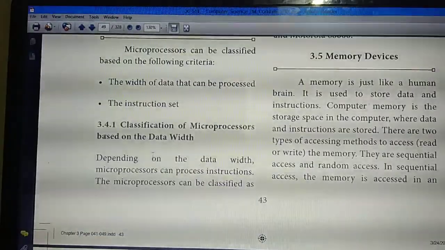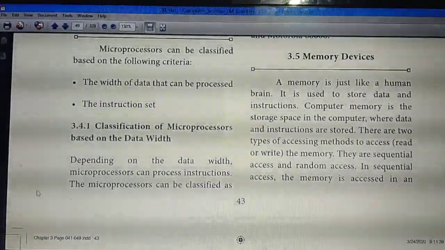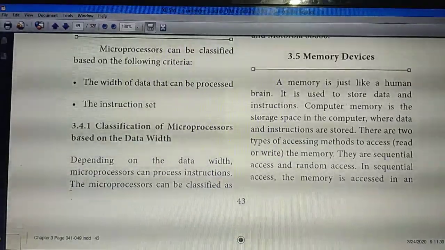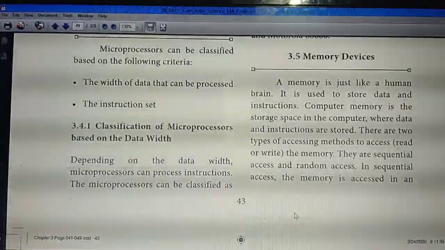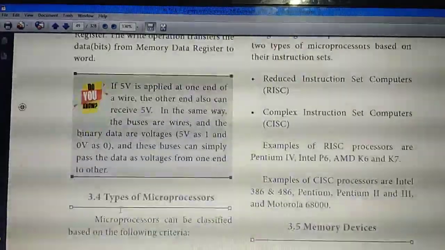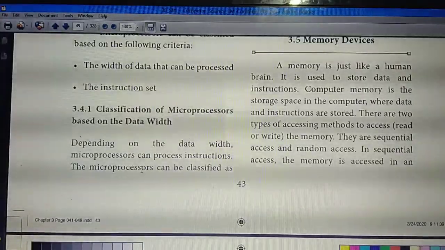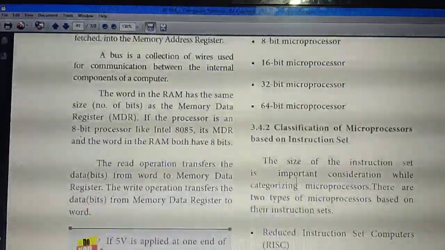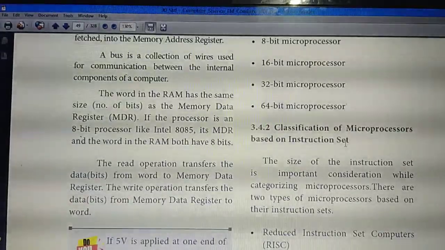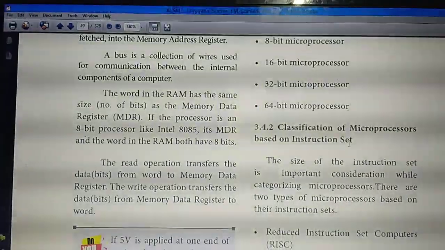Under the heading classification of microprocessor based on data width, from here, the microprocessor can be classified, up to the 64-bit processor. So the second 3-mark question is starting from page number 43, from here up to the 64-bit microprocessor. Understand?